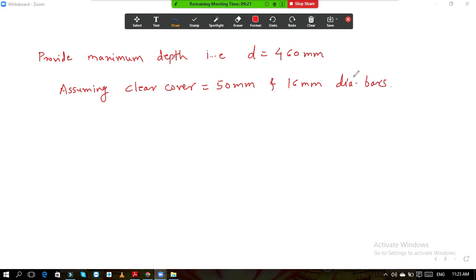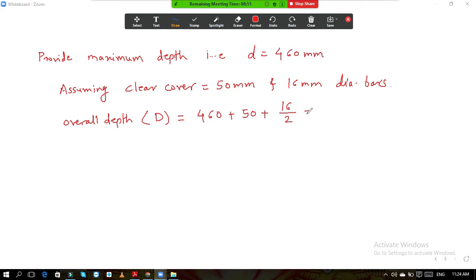Okay. So now we will calculate the overall depth and we will round up the overall depth. From overall depth again we will take the effective depth. So here overall depth capital D is equal to your effective depth 460 plus your clear cover plus half of bar diameter.